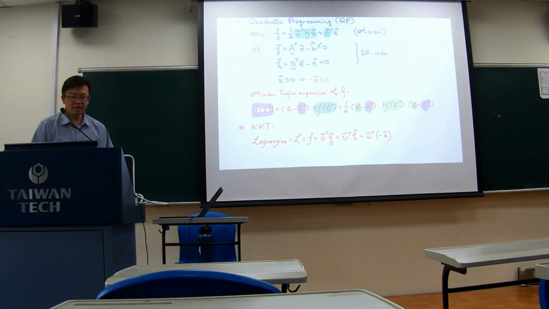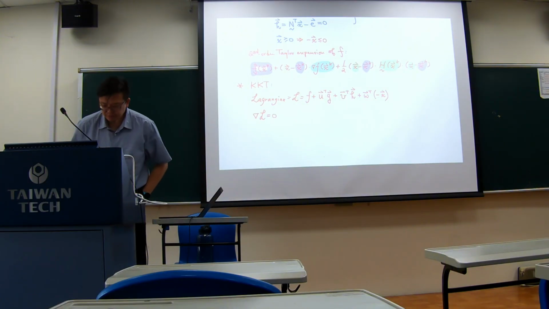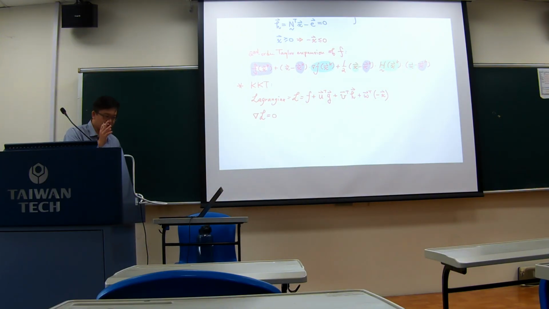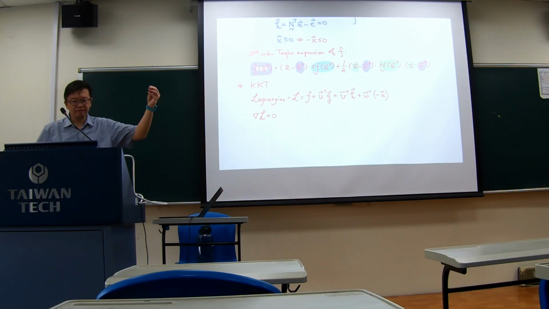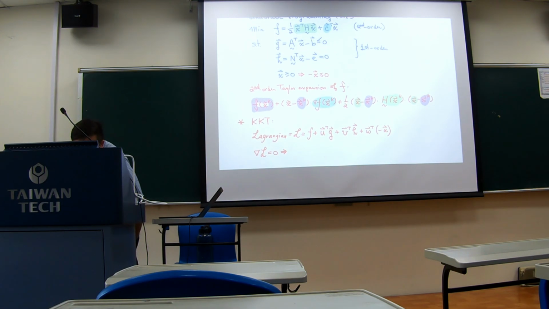And in the KKT condition, we want the gradient of the Lagrangian equal to 0. The first equation of KKT implies the gradient of the Lagrangian equals 0. So you can then end up with Hessian times x plus c.